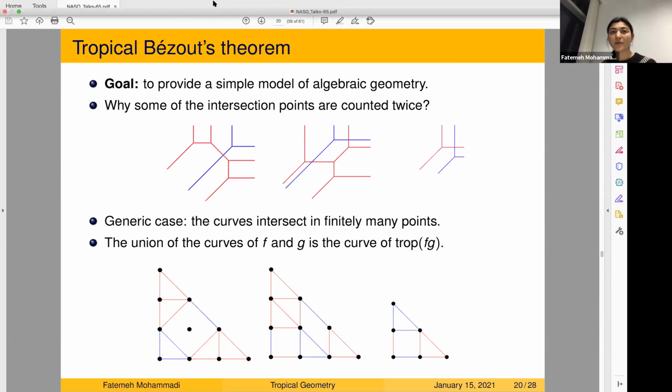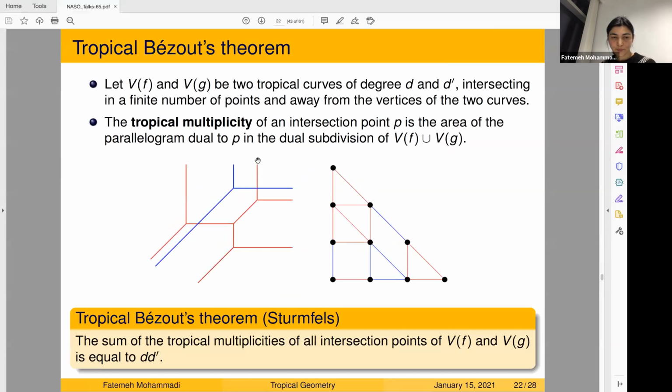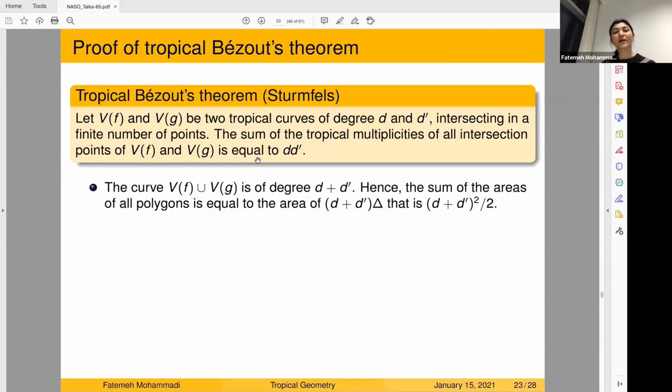Could we also flip to the last slide? Yes, this one? Maybe the proof. Oh, the proof. Okay. So you want me to tell you a little bit about the proof? Sure. So what was the statement? I started from 2 polynomials f and g, and their corresponding curves are of degree d and d prime.